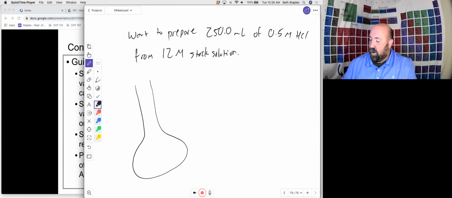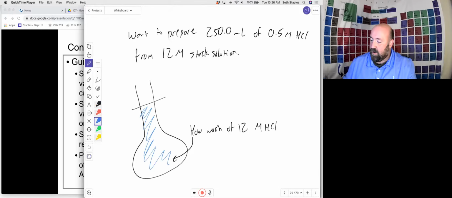What I need to know is how much of the 12 molar HCl do I need to actually dump in here so that I can then eventually fill it up with water up to my 250 milliliter mark, which would then give me 250 milliliters of my 0.05 molar solution.